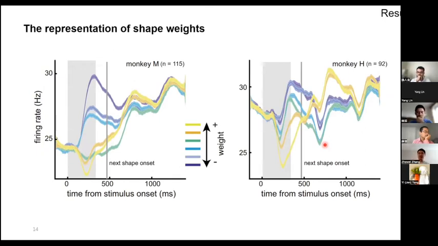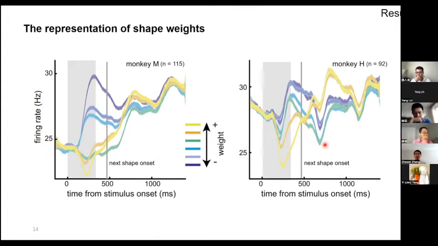Since the weight of the stimulus is the raw material for this decision making, we then sorted the trials by the weight of the stimulus in the current epoch and aligned them to the stimulus onset.